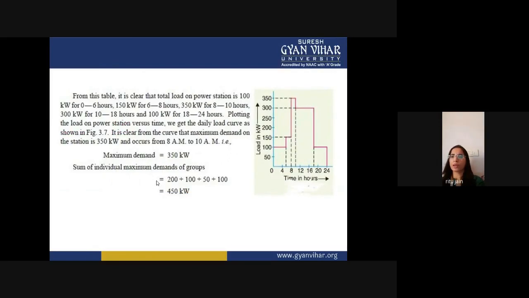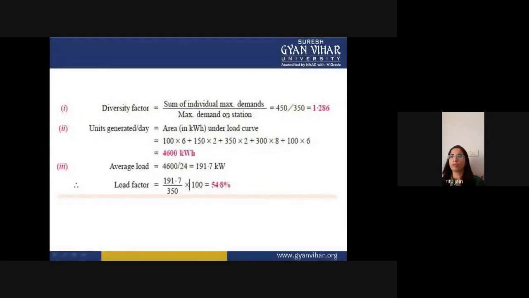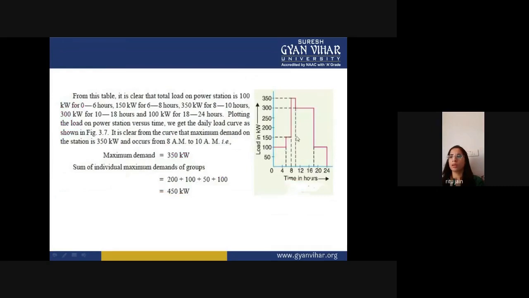So diversity factor is equal to sum of individual maximum demand, 450, divided by maximum demand of the station, 350, which is 1.286, and the units which are generated per day can be calculated by the area under this curve.